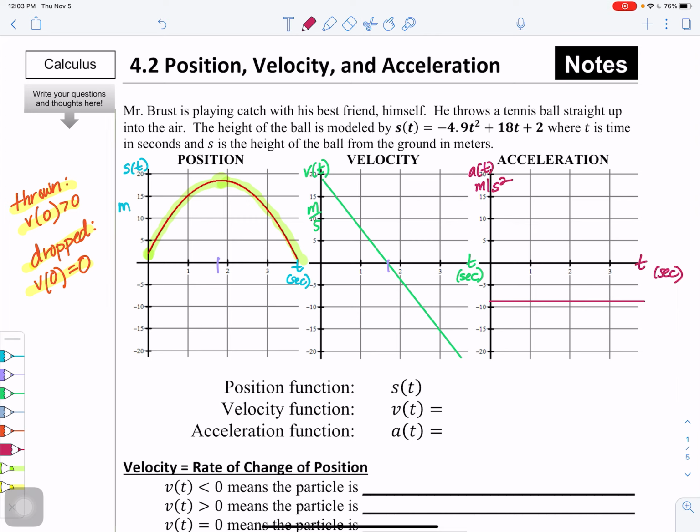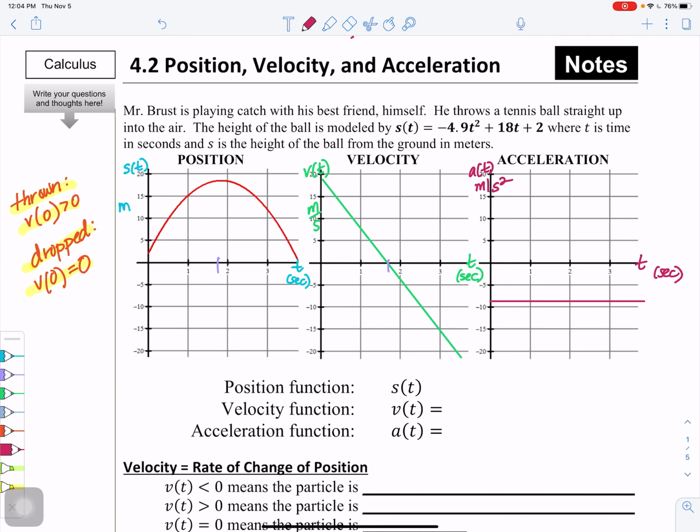Okay? So now let's talk about why the graphs look like this. Take a look. Here we have a quadratic. Take the derivative of a quadratic, and you get a linear, t to the first power. Take the derivative of that, and you get acceleration, which is constant.